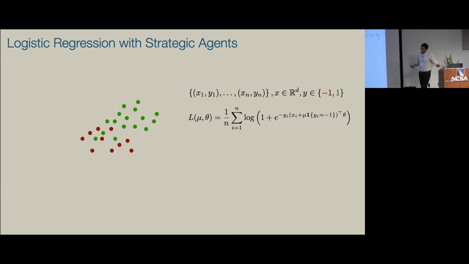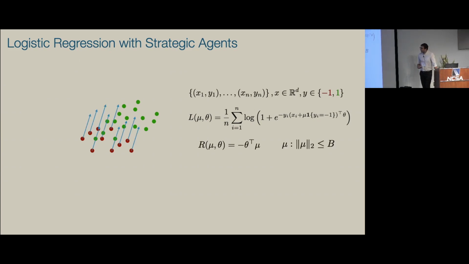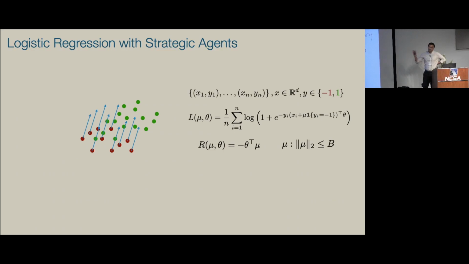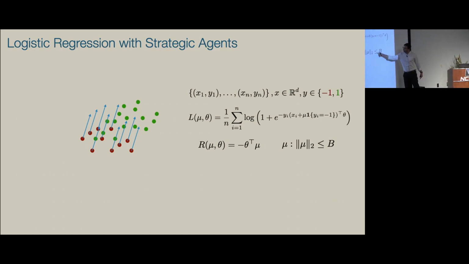The loss of the leader is going to be some kind of logistic regression problem over this data set. We're going to assume that the entire population of agents just wants to get as close to the decision boundary as possible, but they're optimizing subject to a budget constraint on how much they can move.